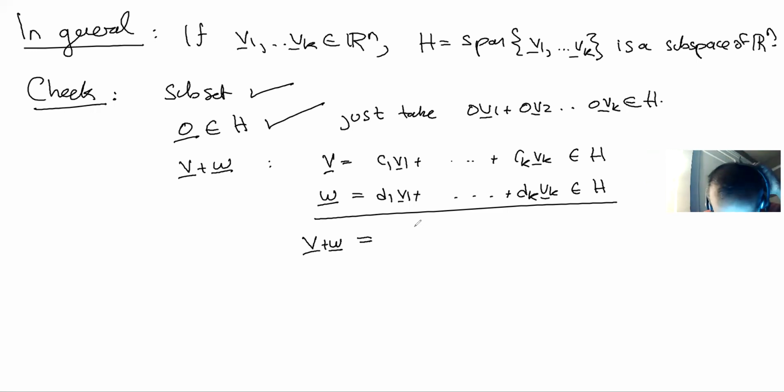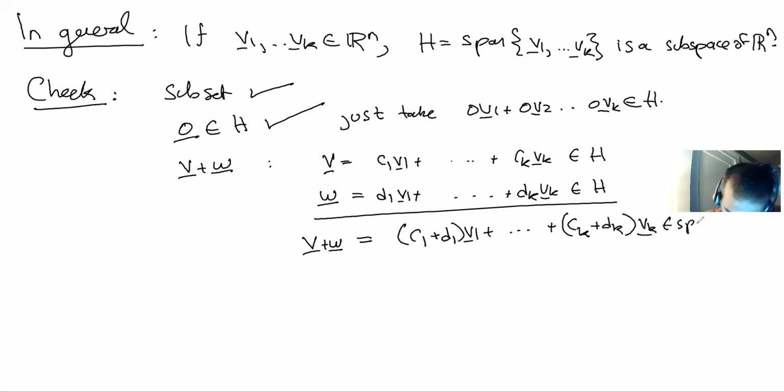The key point is that by rearranging the sum, that's also a linear combination, just by adding coefficient-wise: ck plus dk. So that's also in the span, which is H. So indeed, this is also true.